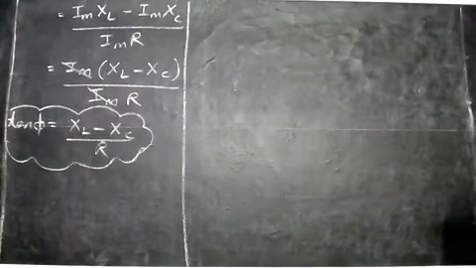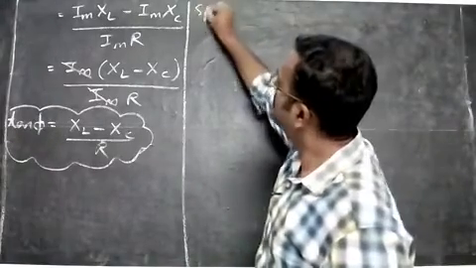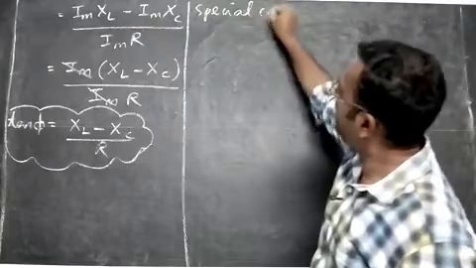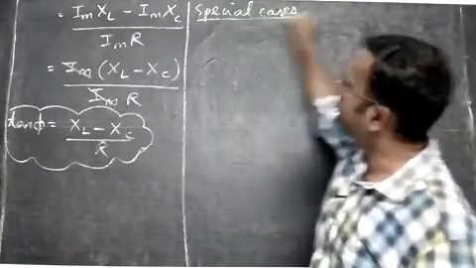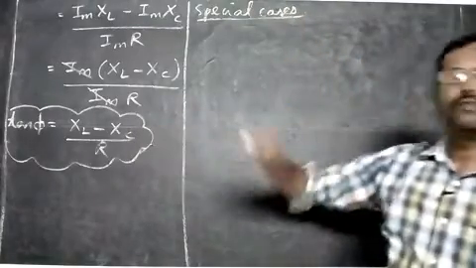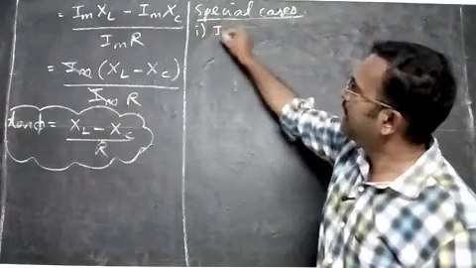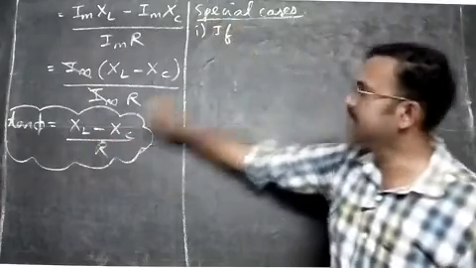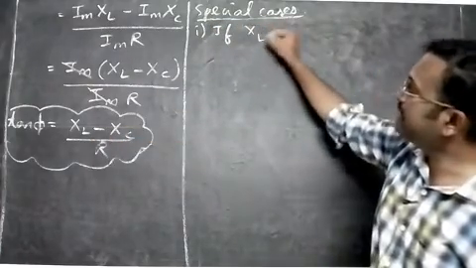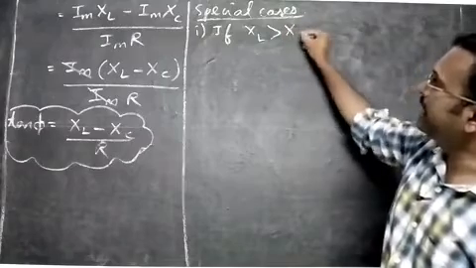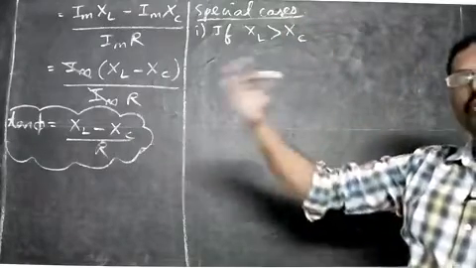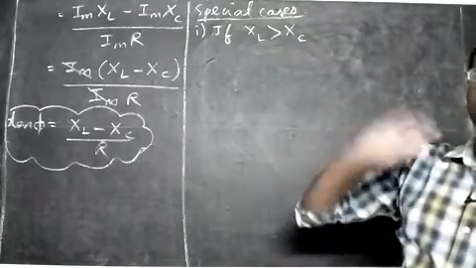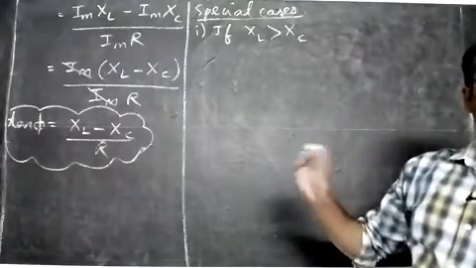Let us now see the special cases. In this expression, the first case we see is if XL is more than XC, that is, the inductive reactance is greater than the capacitive reactance. You put more coil there, and the coil has a much bigger value than the capacitance. Let's see what will happen.